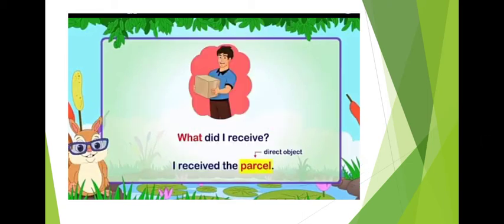For example, I received a parcel. So what did I receive? Here also we can ask the question what, right? The parcel. So in this sentence, we can see that there is no indirect object. Here, parcel is the direct object.